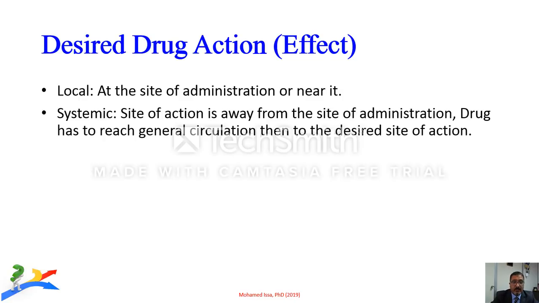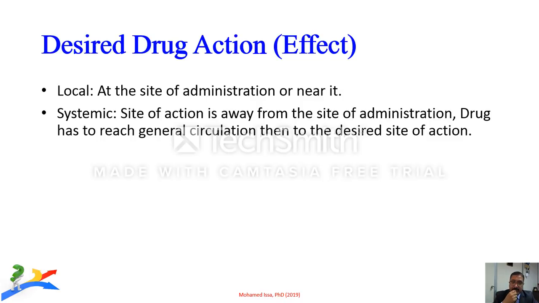The other type of the drug action is systemic, and in fact most of the drugs we use, we target a systemic effect. When I say the word systemic, I mean the site of action of the drug is away from the site of administration. So I take, for example, an oral drug. I have a headache.